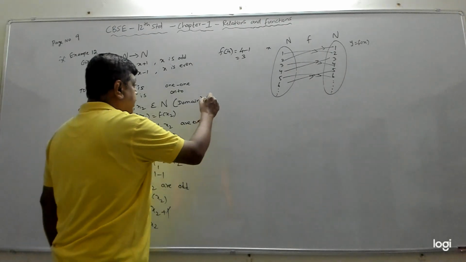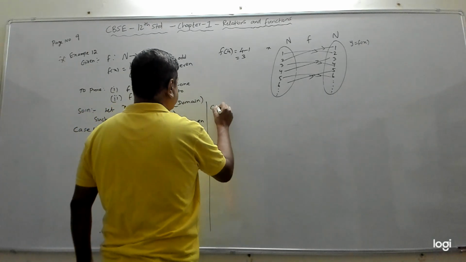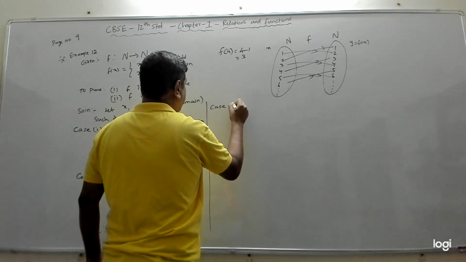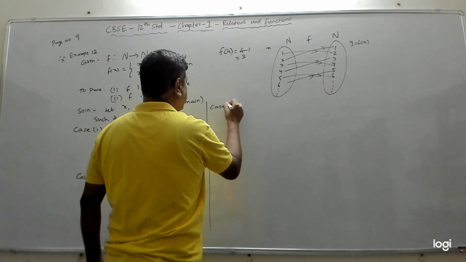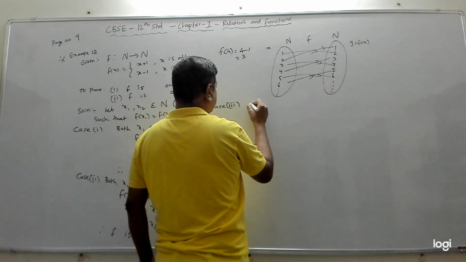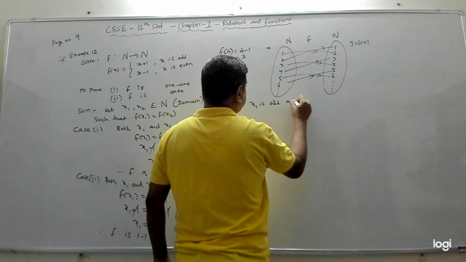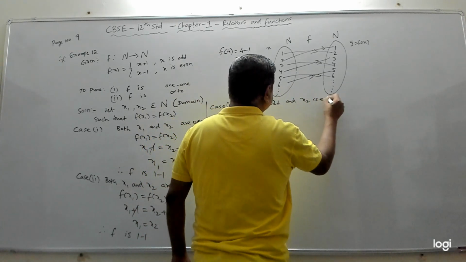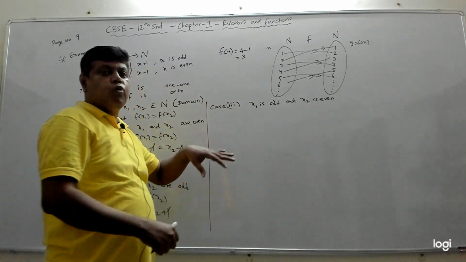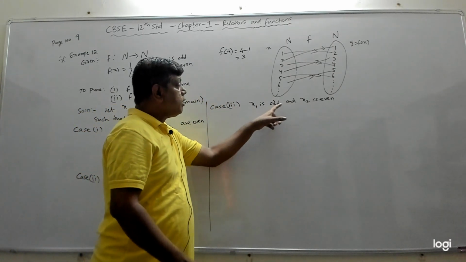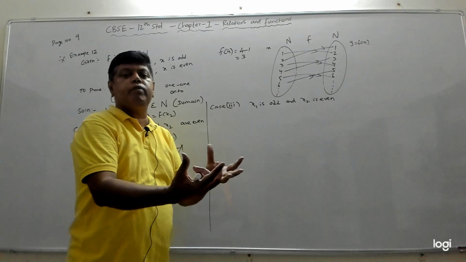Now we should take case 3 where one is odd and the other one is even. You can take anything as odd. So we'll say x1 is odd and x2 is even. In this case, we need not have a fourth case saying x1 is even and x2 is odd, because one of them should be even, one of them is odd.